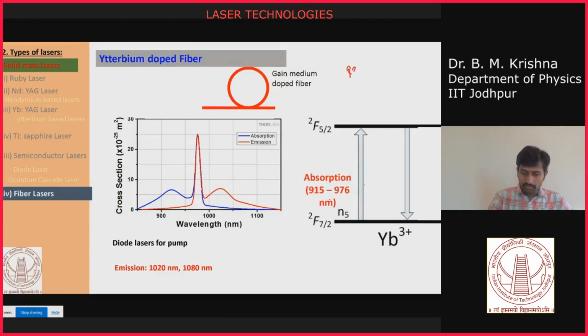High repetition rate means roughly, for example, hundreds of megahertz, which means 10^8 hertz. That means 10^8 pulses per second.